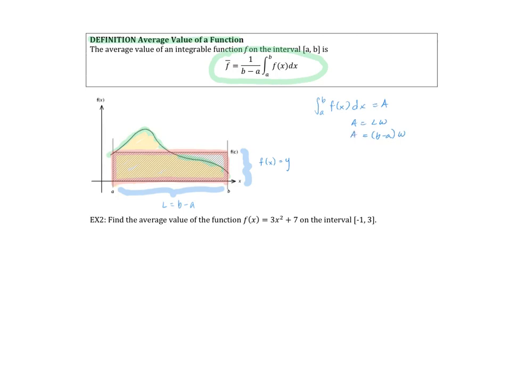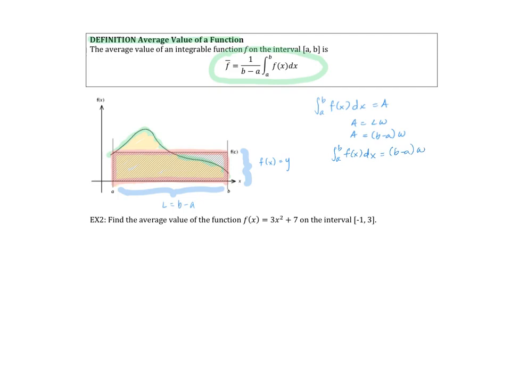So remember, our area was the value of our integral. So the integral from a to b of f of x dx is equal to b minus a times w, where w is just a y value.